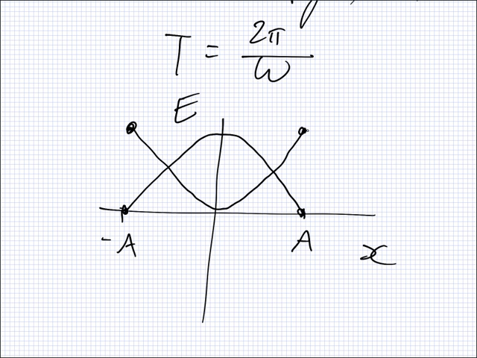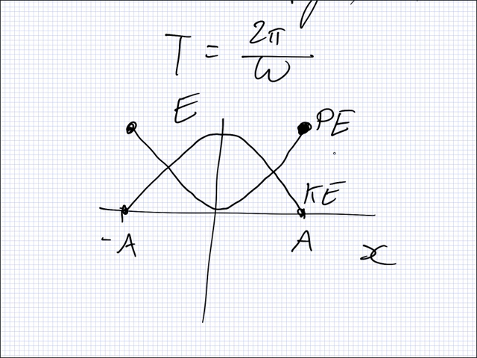Which is kinetic? The energy is big at A and then gets smaller. Is it kinetic or potential? And this one?